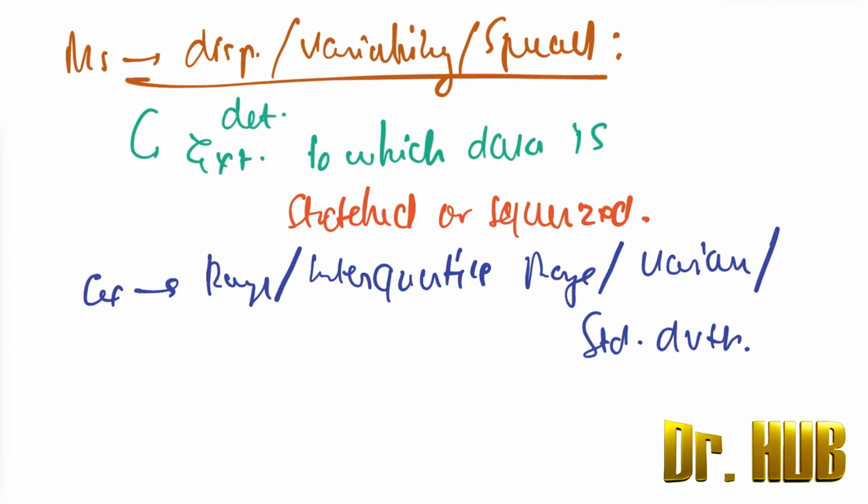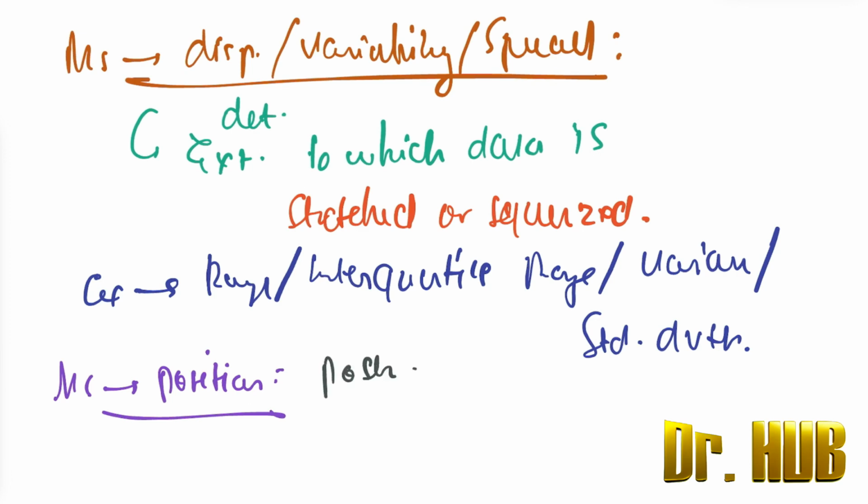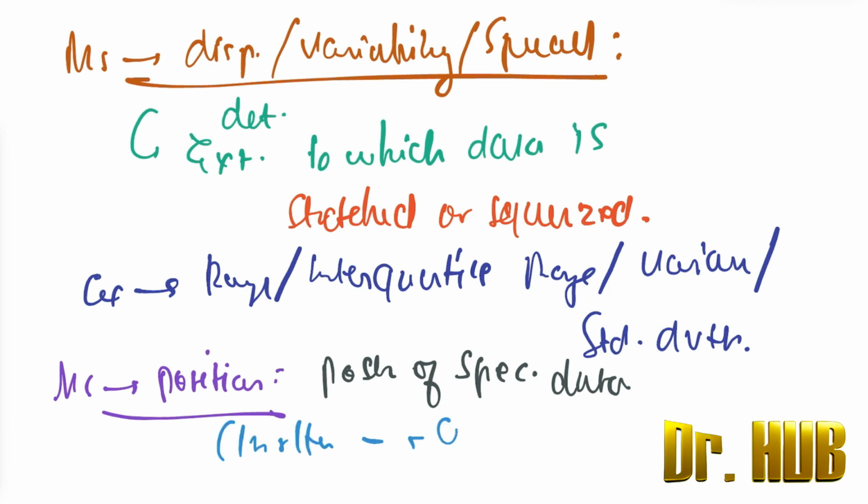Next, let's look at the measures of position. These measures give the position of specific data in relation to other data in the set.